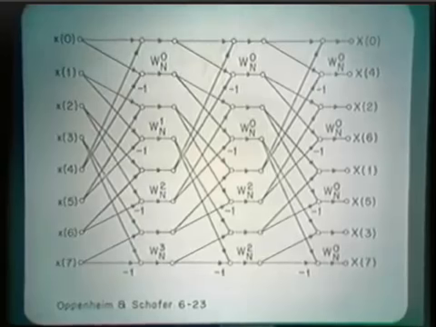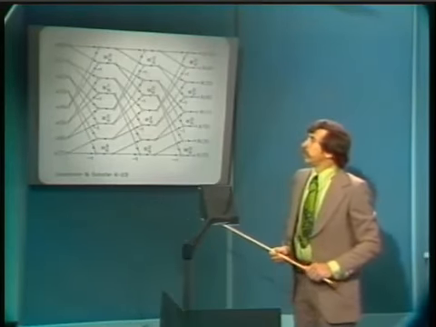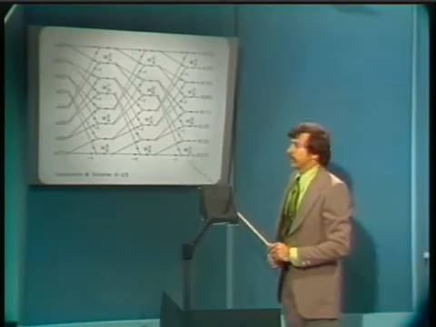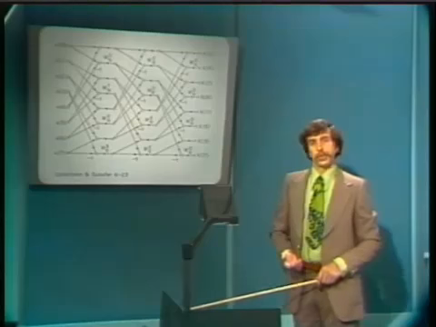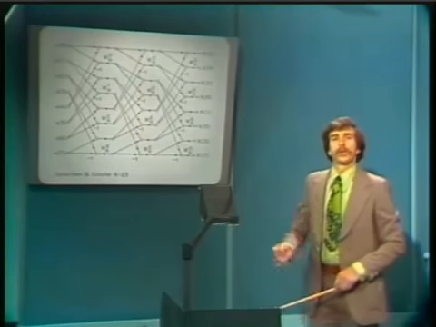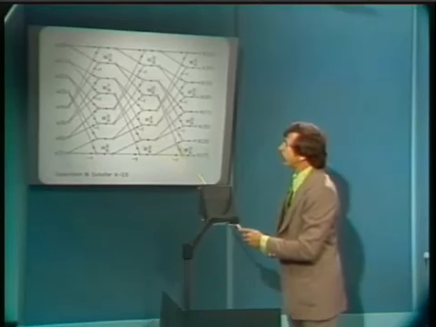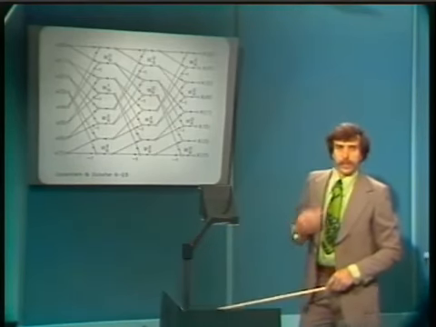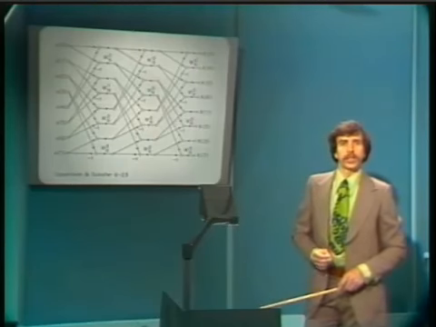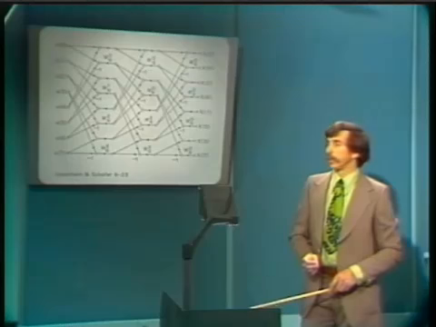All right, so the indexing is identical from stage to stage. And just as we had previously, we can implement this algorithm by utilizing sequential memory as opposed to random access memory, although the organization of the memory for the decimation in frequency form of the Singleton algorithm is somewhat different than the organization of the memory for the decimation in time form of the Singleton algorithm.